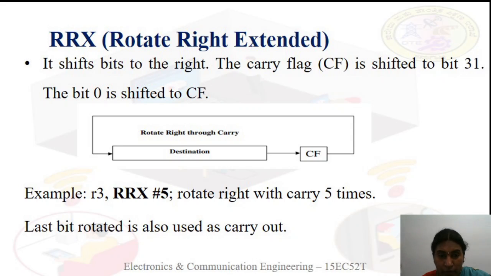The bit 0 will be appearing in the carry flag. Whatever carry flag you have, that will be shifted back to bit 31. That is rotate right extended. The bit 0 is shifted to the carry. Example: R3, RRX #5 means it will rotate right with carry 5 times.